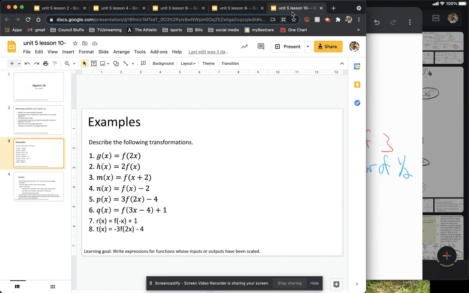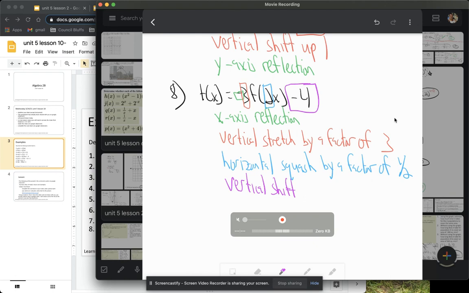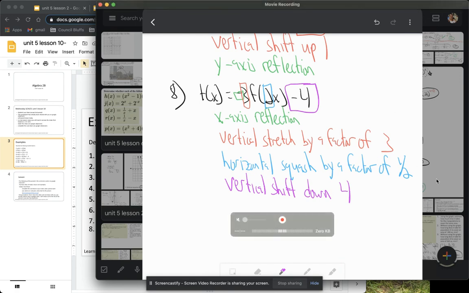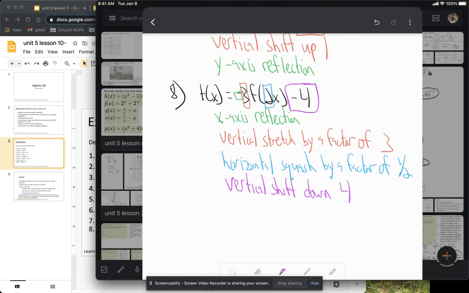So -4 tells me that this is a vertical shift down 4. So those are my 4 transformations: x-axis reflection, vertical stretch by a factor of 3, horizontal squash by a factor of 1/2, and a vertical shift down 4. That is it for lesson 10.